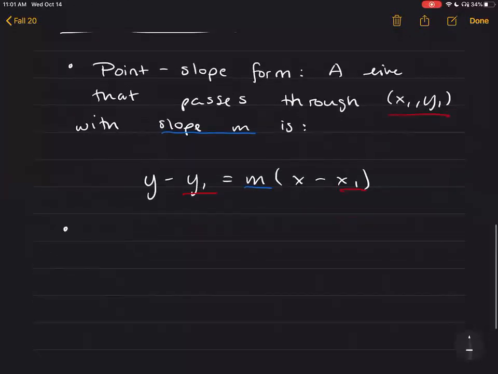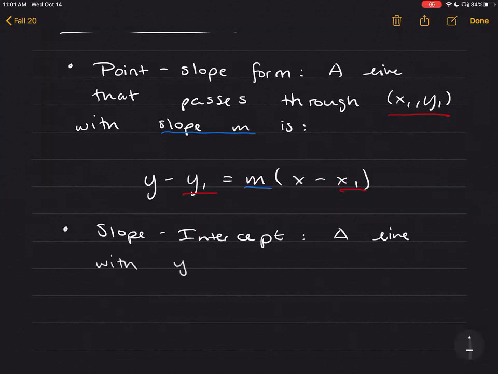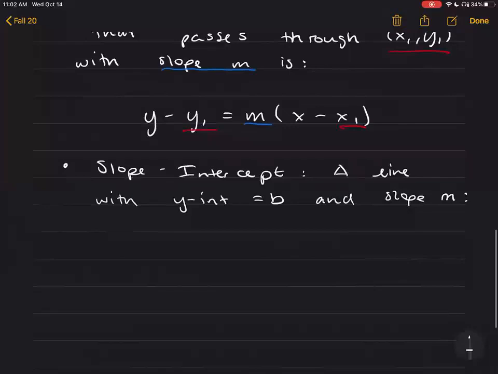Cool. Another way of writing down the equation of a line is called slope intercept form. For a line with y-intercept b and slope m, it is described by the equation y equals mx plus b.